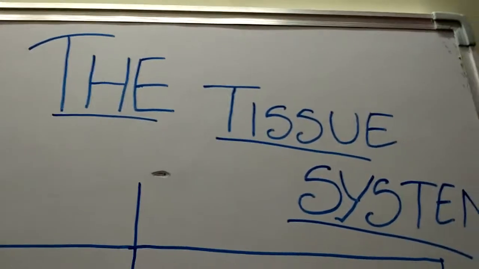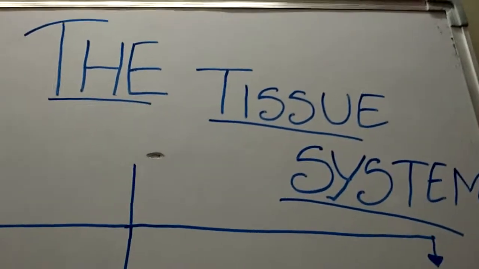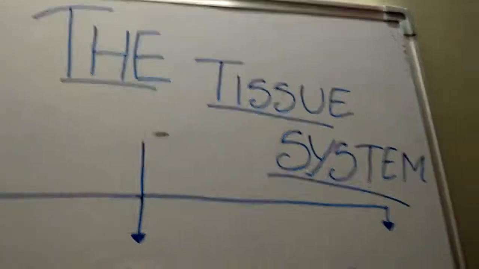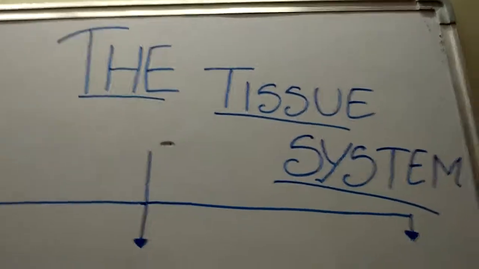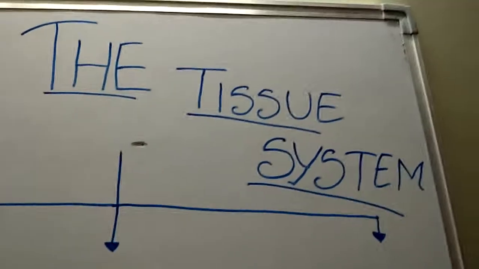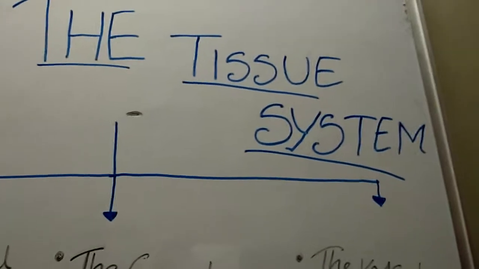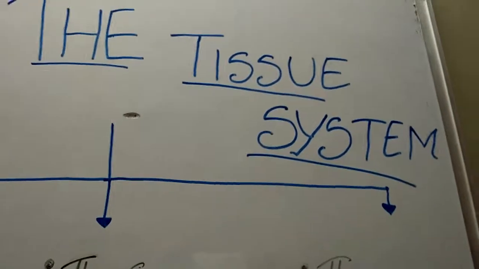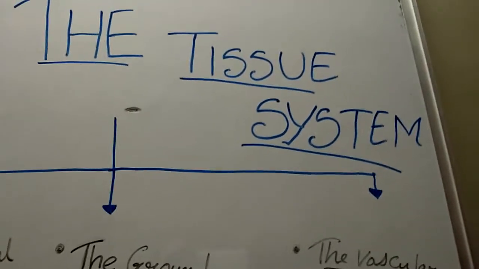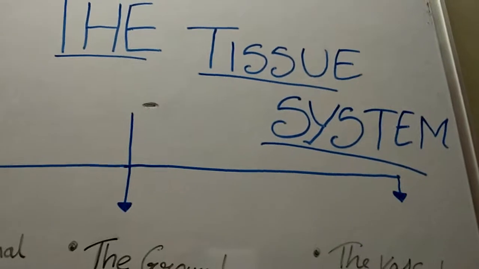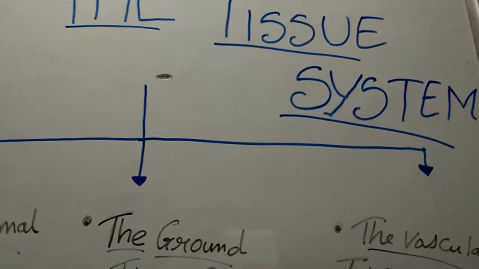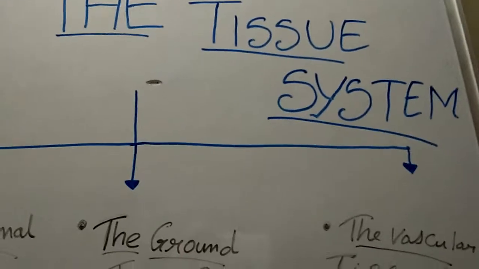Hello guys, and I'm starting with the tissue system. Before proceeding for primary and secondary growth or primary secondary tissues, it's very important for you all to understand the concept of tissue system, because if you don't clarify your doubts regarding tissue system, the type of tissue systems in the plant kingdom, then it will be very difficult for you all to understand the next topics regarding primary and secondary growth.